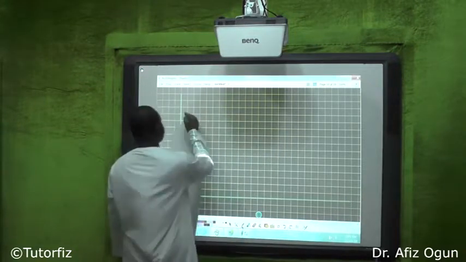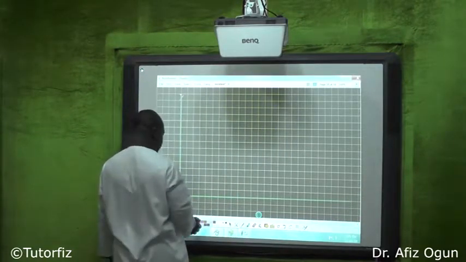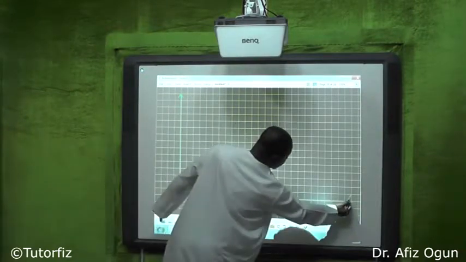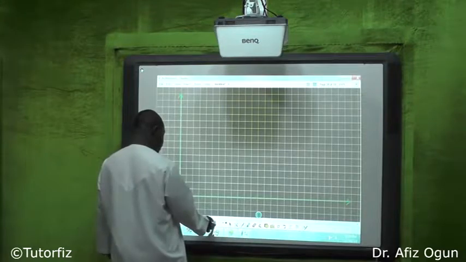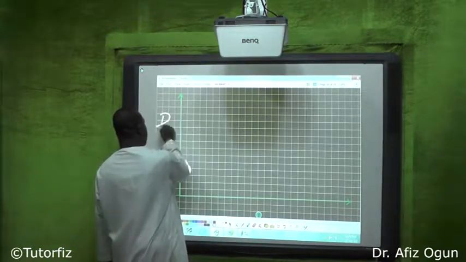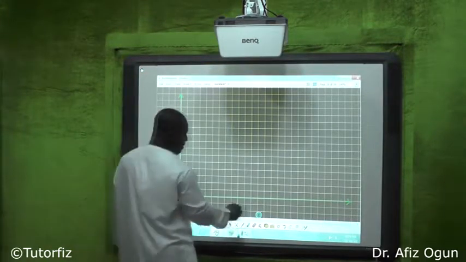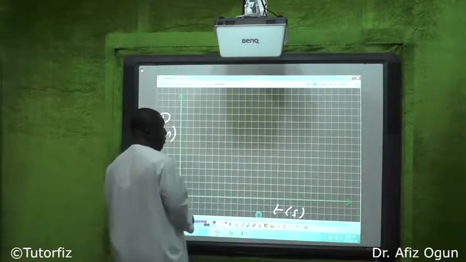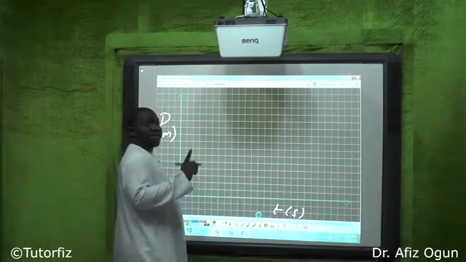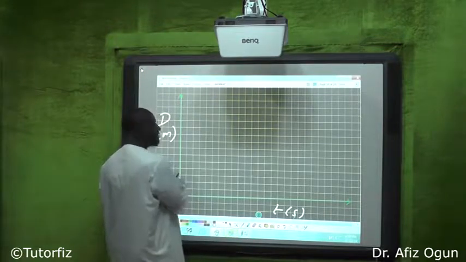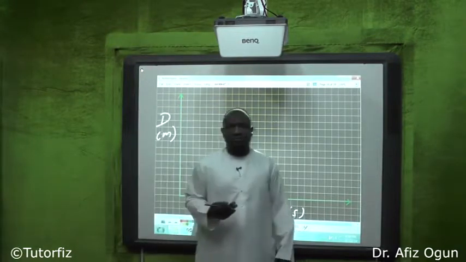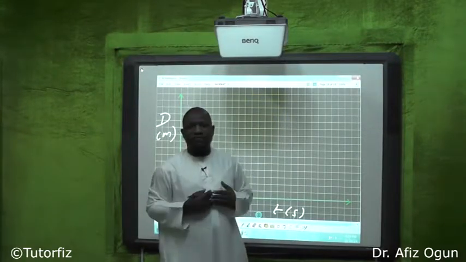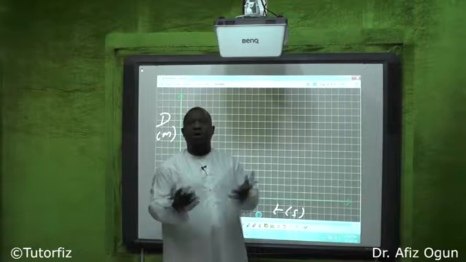Label it as such. Distance in meter and time in second. Now, if the body is at rest, let's assume we take a reference point. Your home is the reference point. You are coming to my home.